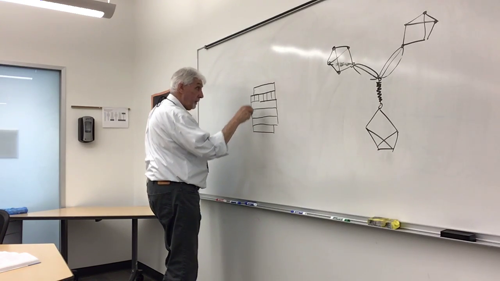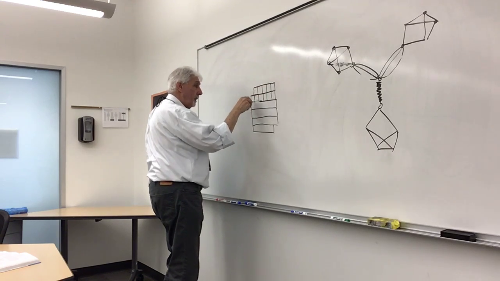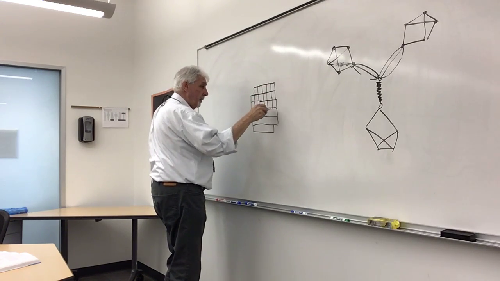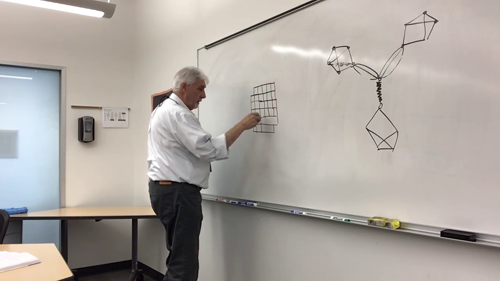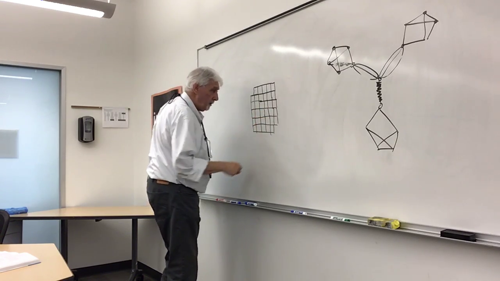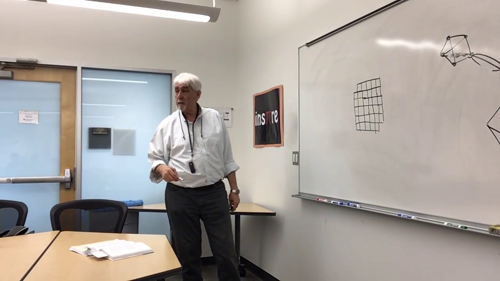And this is 6. This only has 5, then 6. Everybody sees the pattern, right? There are 34 boxes.